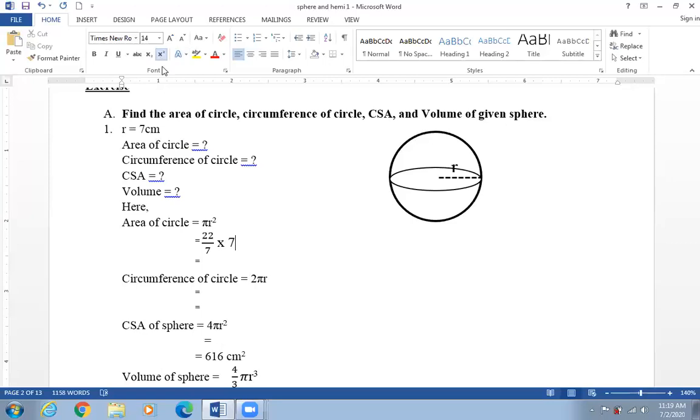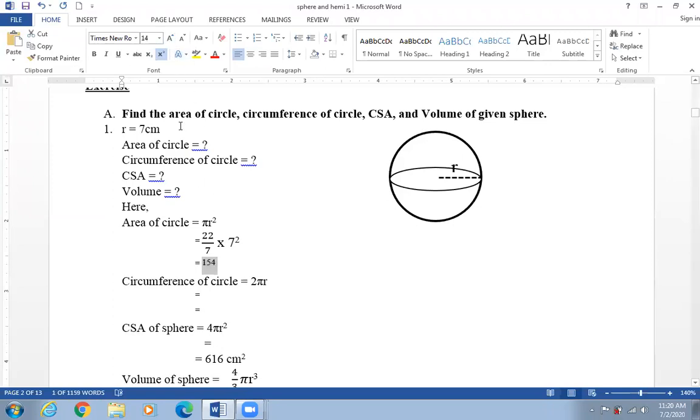Okay, so 22 by 7 into 7 square. Use your calculator and get the answer. 154. Okay, and it is the area. So what is the unit of area? Square centimeter or meter?